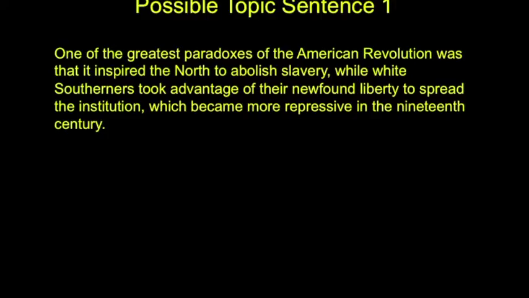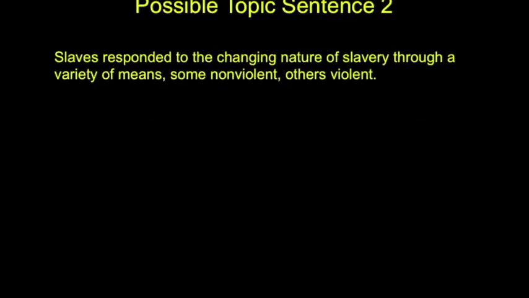I'd like you to take a moment to try and write the next two topic sentences on your own. Please pause this podcast now before peeking at my topic sentences. How'd you do? If you came up with something like the following, you should be okay.